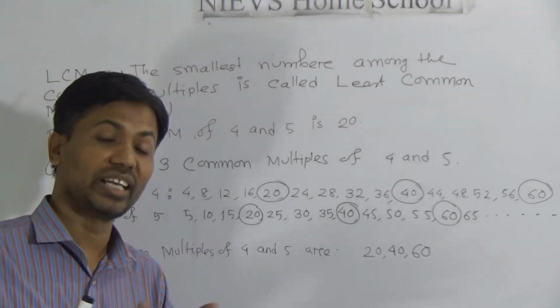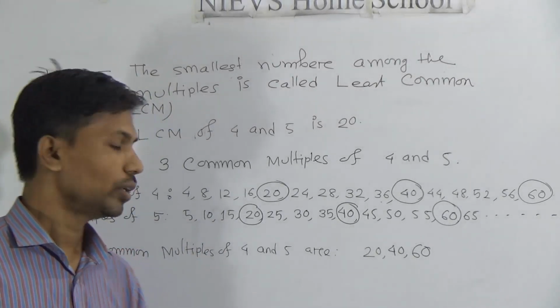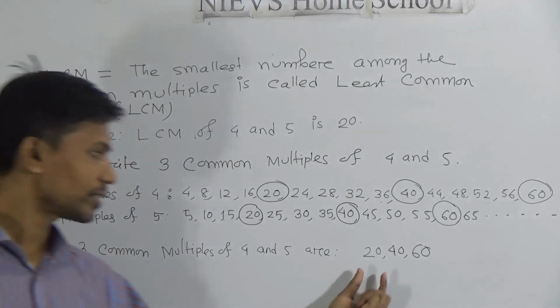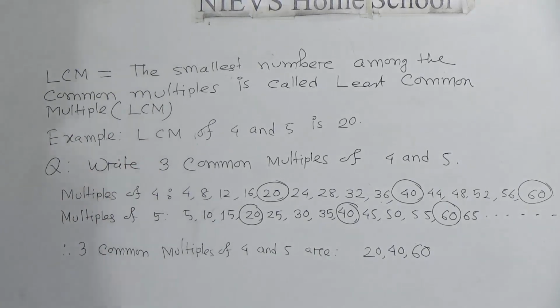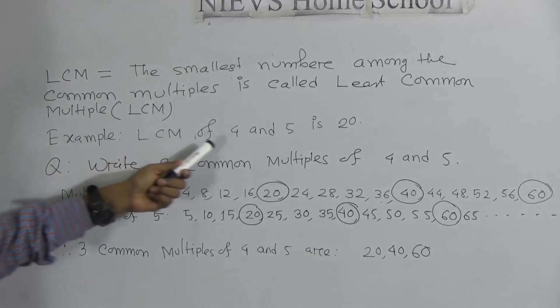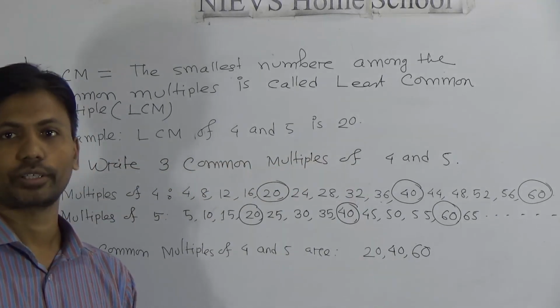But which one is the least? Obviously, the least common is 20. So 20 is the LCM. The LCM of 4 and 5 is 20.